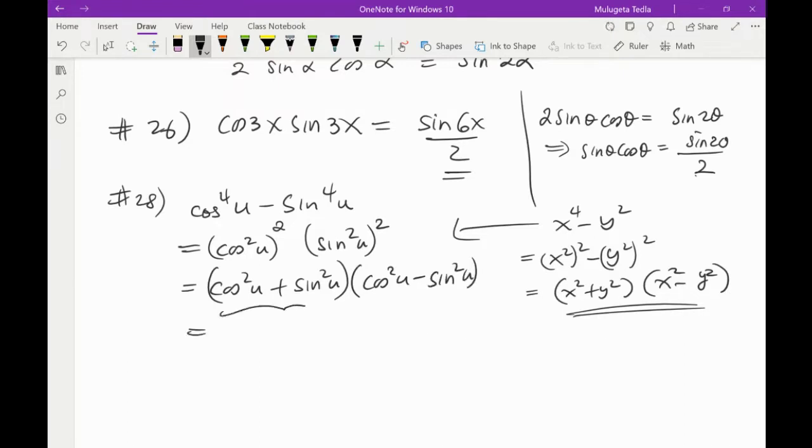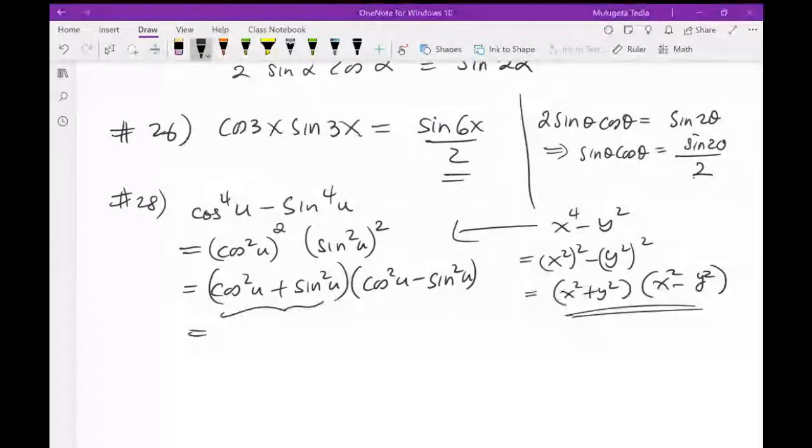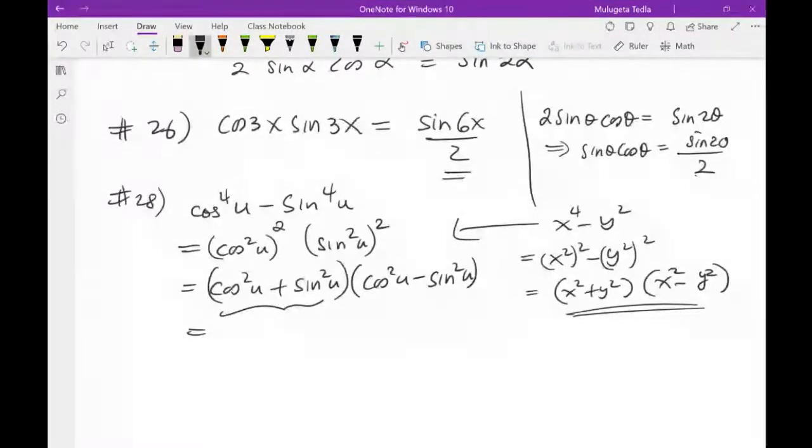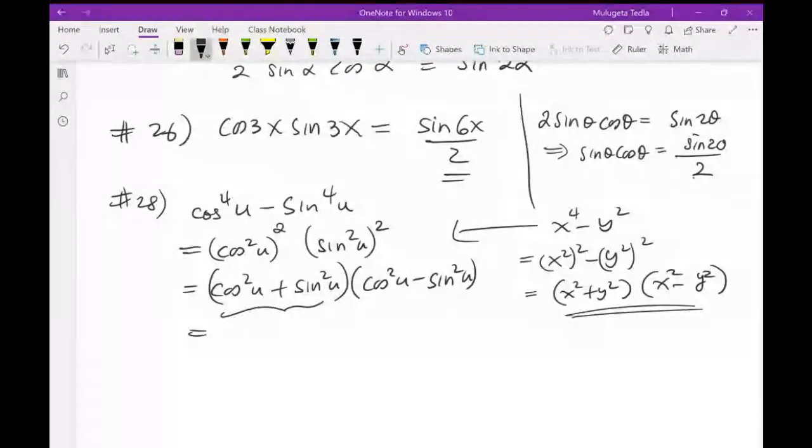But this is a property. What is it? What is cos squared of u plus sine squared of u? It's 1, Arthur. You're right.